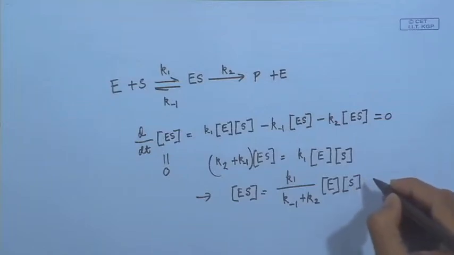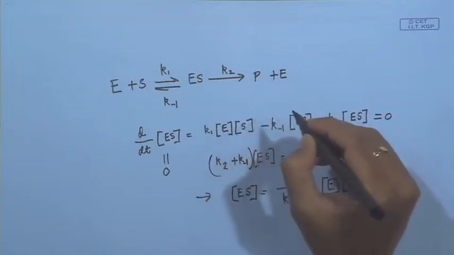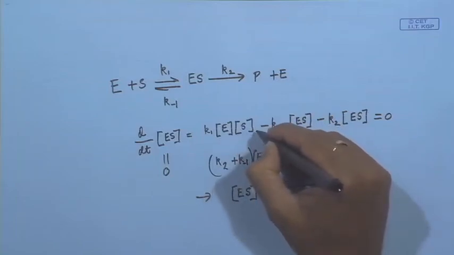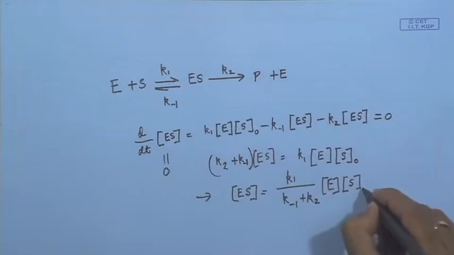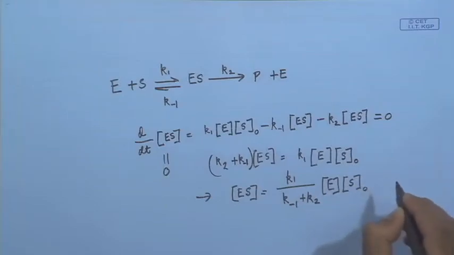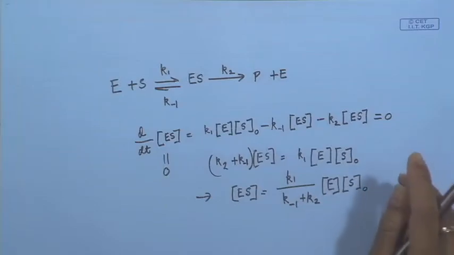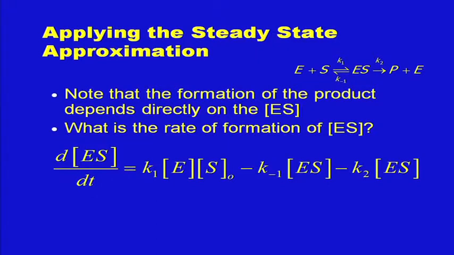So, at a given substrate concentration you can do this. Therefore, let us put S0, the initial concentration of the substrate, wherever S is there.